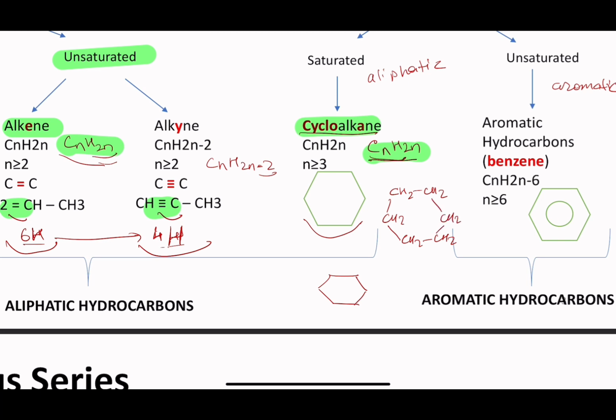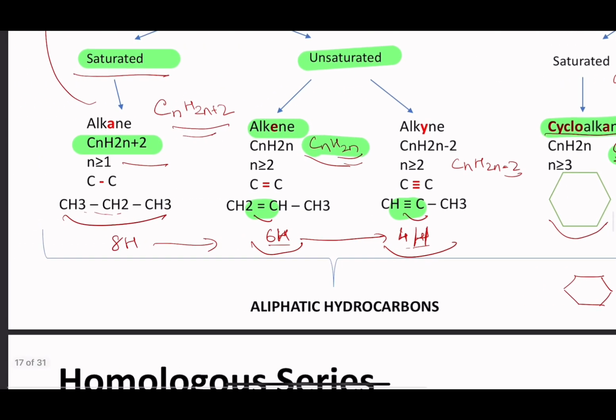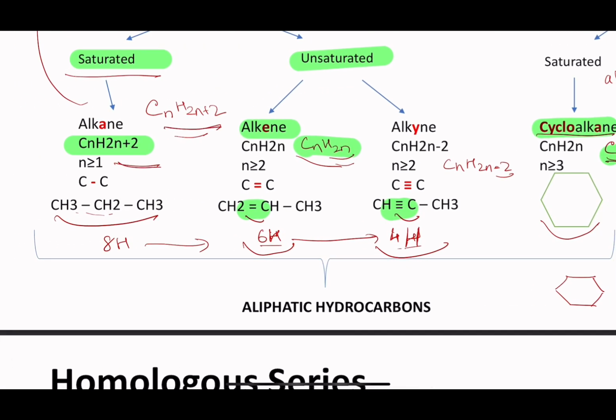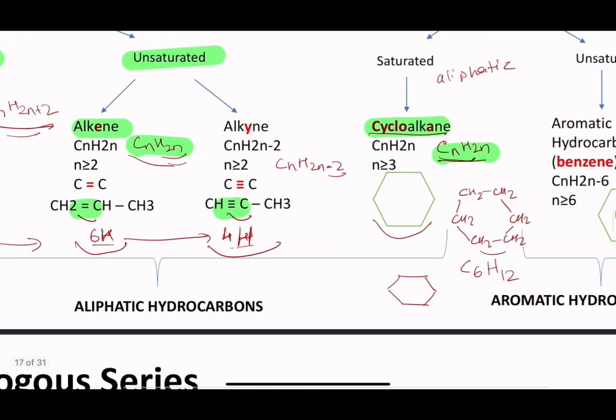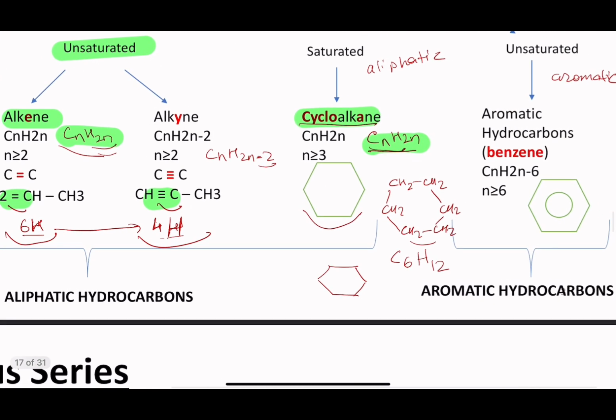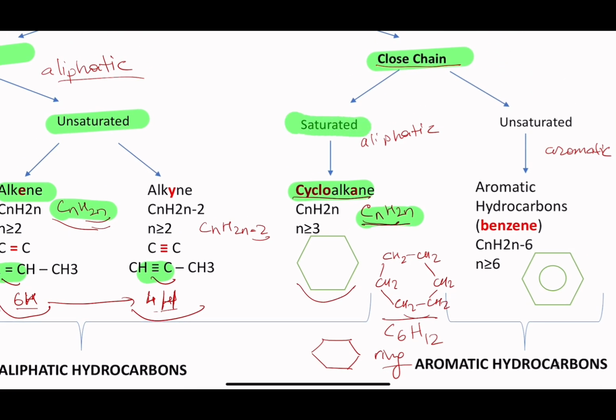As you can see here, I have 6 carbons and hydrogen is 12. The reason I lost 2 hydrogens compared to alkane, you see I have CnH2n+2, is because of the ring. But I do not have any double bonds. You see, everything is a single bond in cycloalkane. That's why it is saturated.